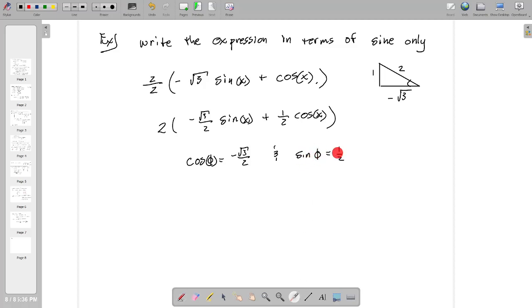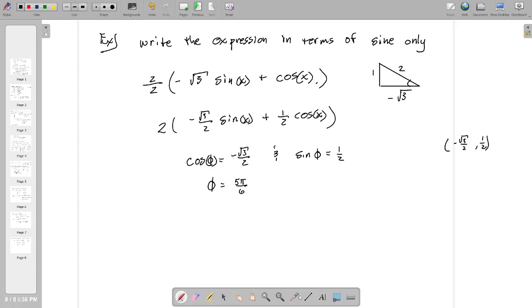Since sine is positive and cosine is negative, we know we're in quadrant 2. Now that angle is going to be 5 pi over 6. If you look on your unit circle, you'll see the coordinate negative root 3 over 2, 1/2, which is 5 pi over 6. So phi is equal to 5 pi over 6.